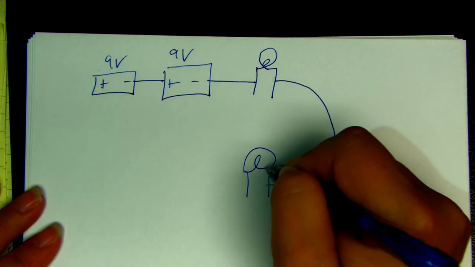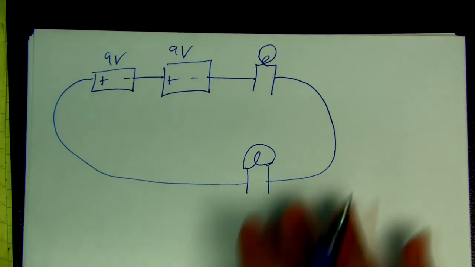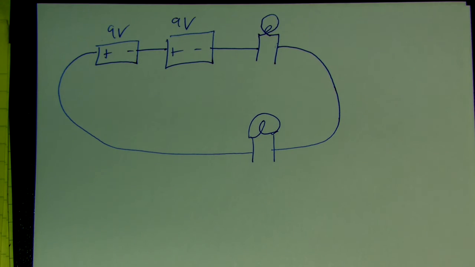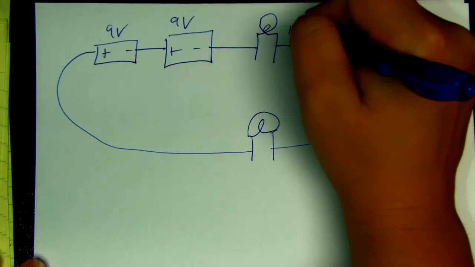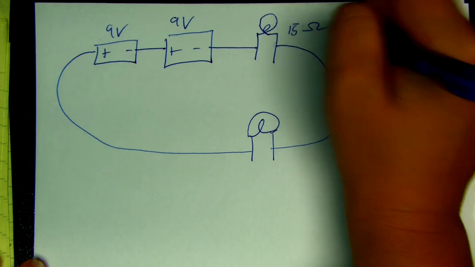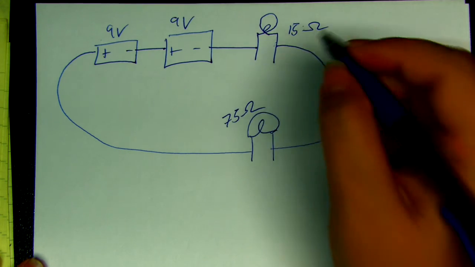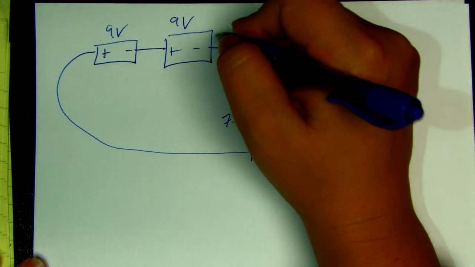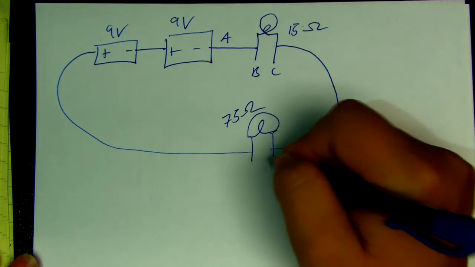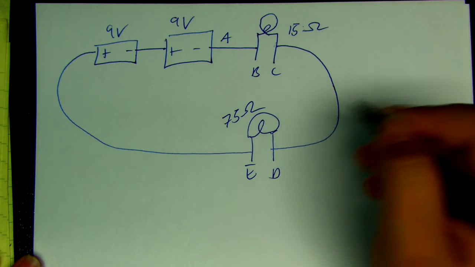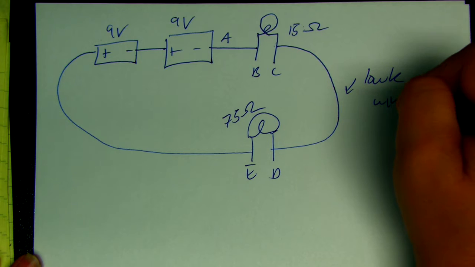Another light bulb. So let's say we have 15 ohms of resistance here, 75 ohms of resistance here. Let's look at a couple spots. We can look at A, B, C, D, E. And this is a low resistance wire.